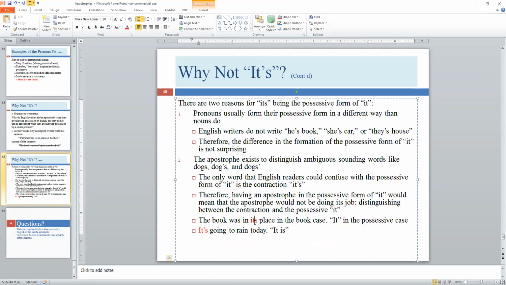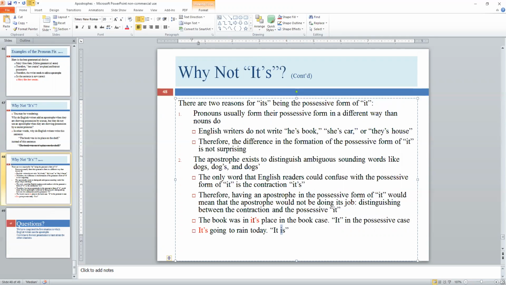So if we had an apostrophe here, and we had an apostrophe here to replace the missing I to show there's a contraction, we aren't using our apostrophes to distinguish between these two. We're using them in both cases, and these are the only two words that could be confusing for each other. So it's not helping us.